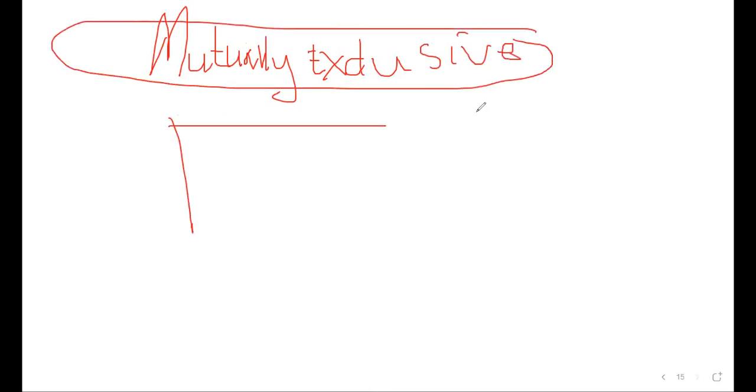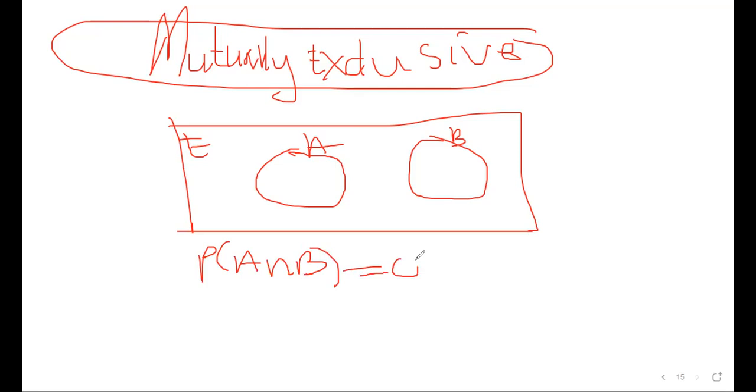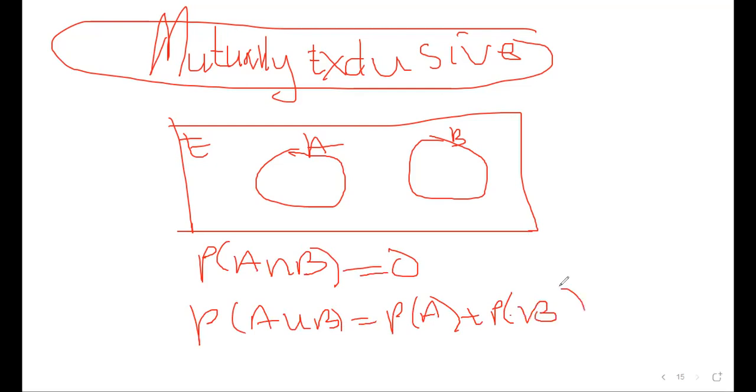So they have no intersection set, meaning the probability of A intersection B is equal to 0 for mutually exclusive events. Then the probability of A union B is equal to the probability of A plus the probability of B.